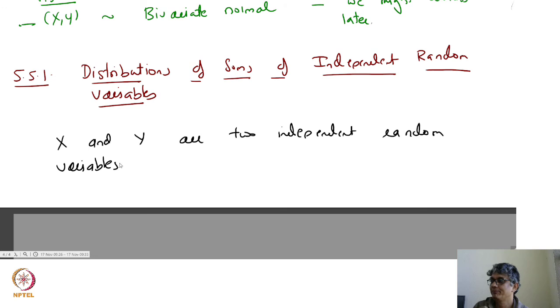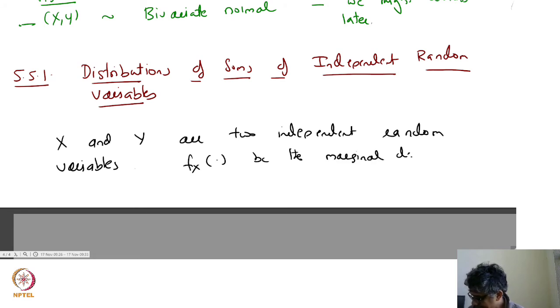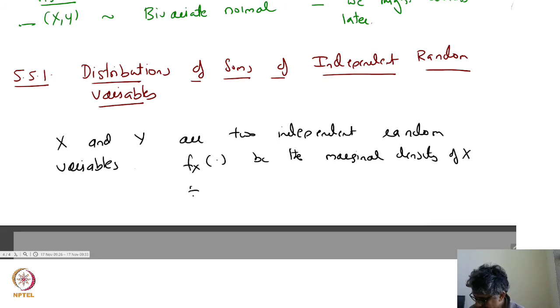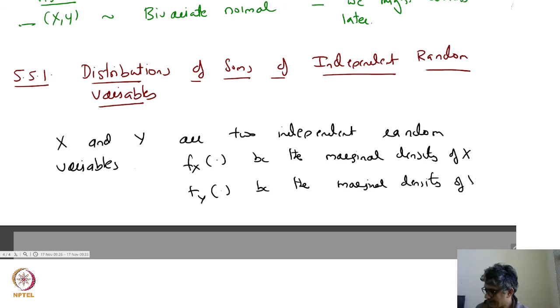Let's assume also that f sub X is the marginal density of X, and f sub Y is the marginal density of Y.